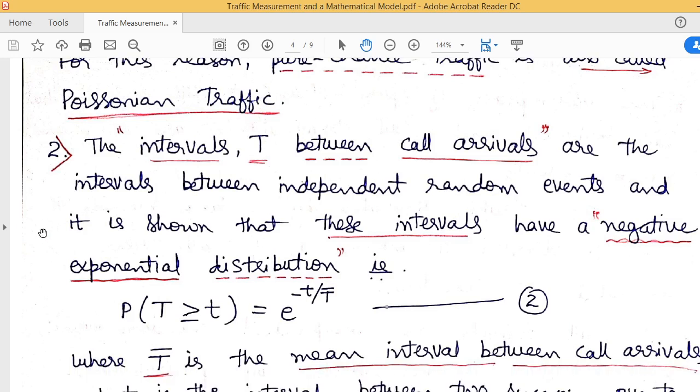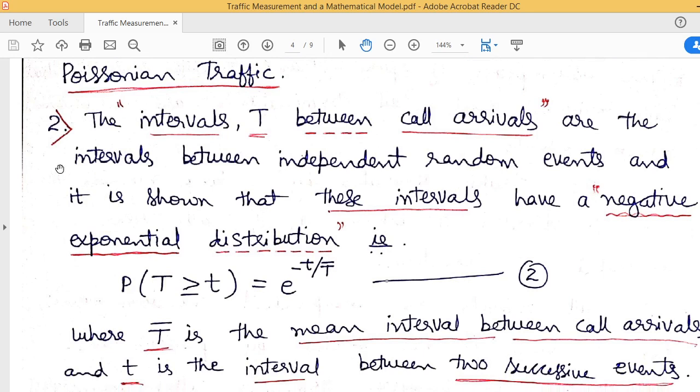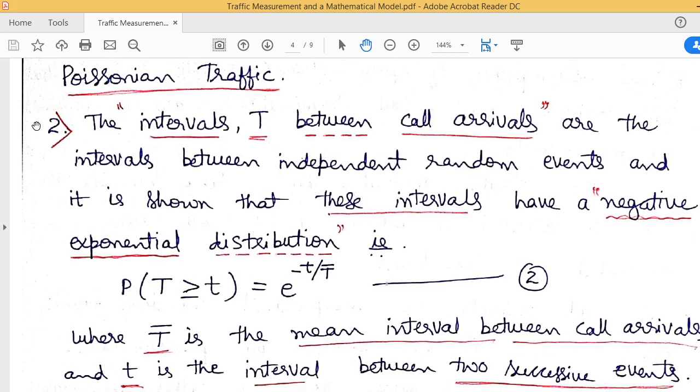We will come to the second result, in which we deal with the time interval between two call arrivals. The intervals t between call arrivals are the intervals between two independent random events, and it is shown that these intervals have a negative exponential distribution.